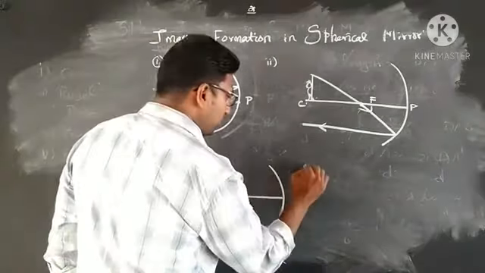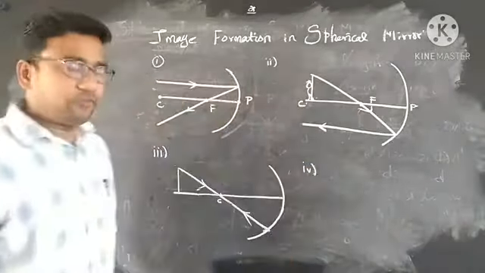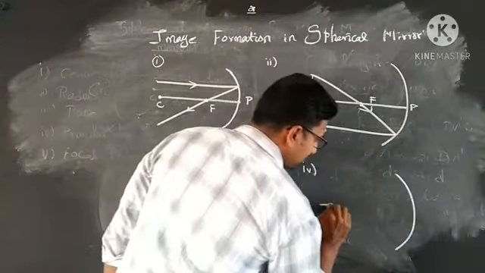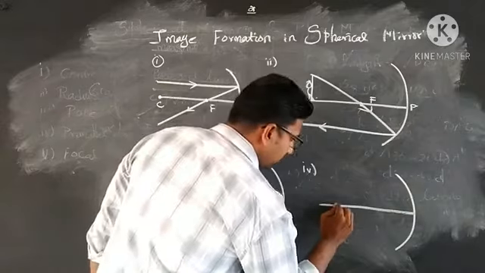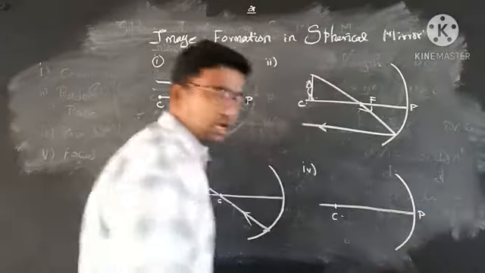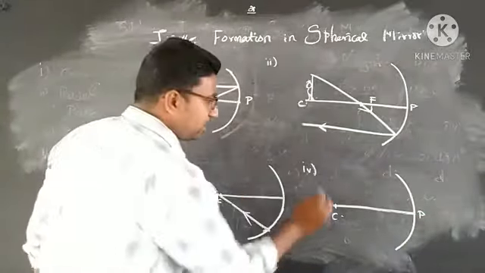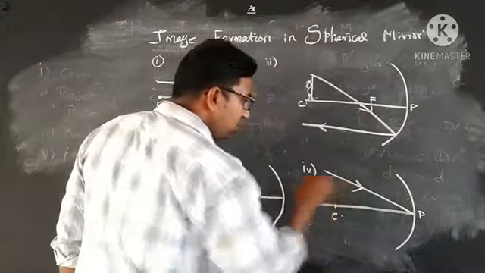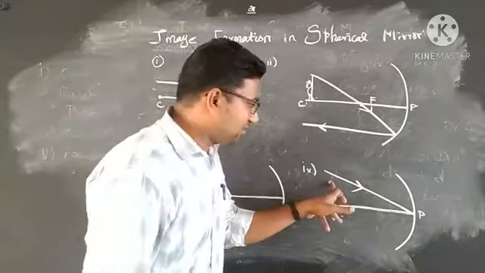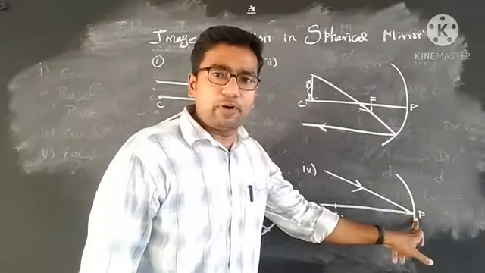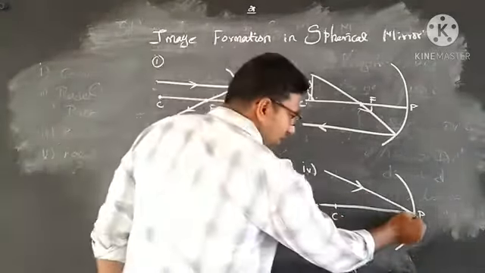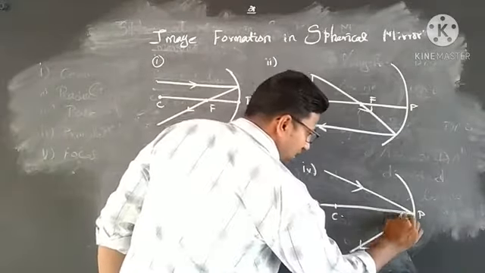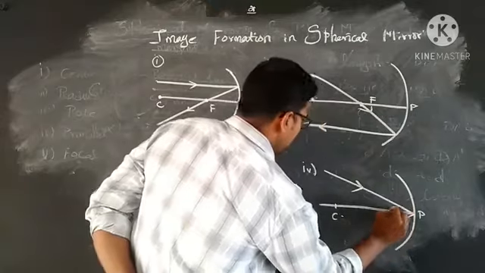And then the fourth one: if you allow the light directly towards the pole, the incident ray strikes the pole point, and the reflected ray is equal to the incident ray in angle.